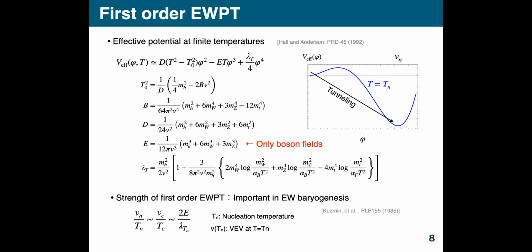As we can see, the coefficient of E can be changed by the bosonic degrees of freedom. mH is the mass of the Higgs boson, and mW and mZ are the masses of the gauge bosons. Therefore, by adding additional bosonic degrees of freedom, this coefficient can be large. Then the first order electroweak phase transition can be realized.